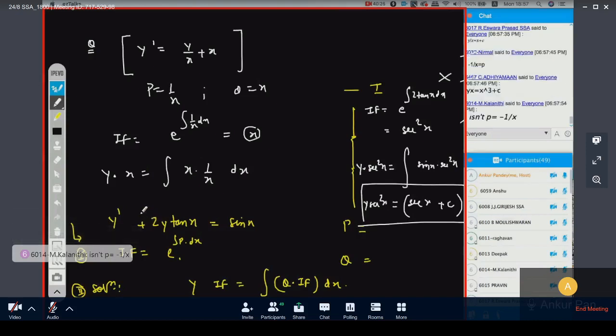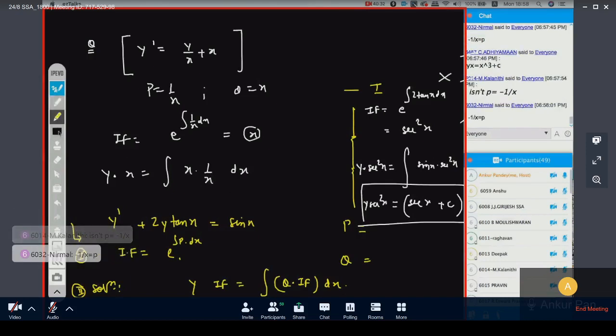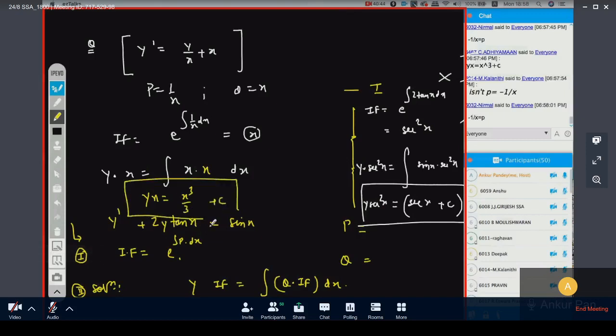What happened to you people? Sorry, the integrating factor is x. Sorry, my mistake. So x square, right? So y into x is equals to x cube by 3 plus c. That's the answer.